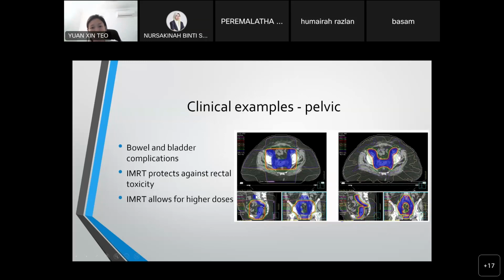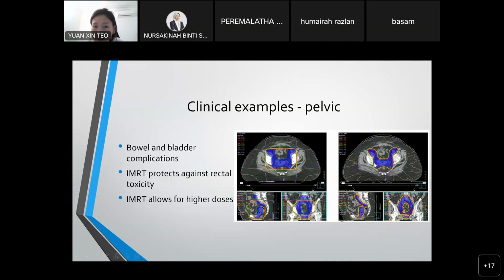If we continue to treat to a high dose using a box field, the patient may develop bladder toxicity, where in future they may not be able to control their urine because their bladder wall is already hurt. So by using IMRT, you see we can shape the dose according to the target.